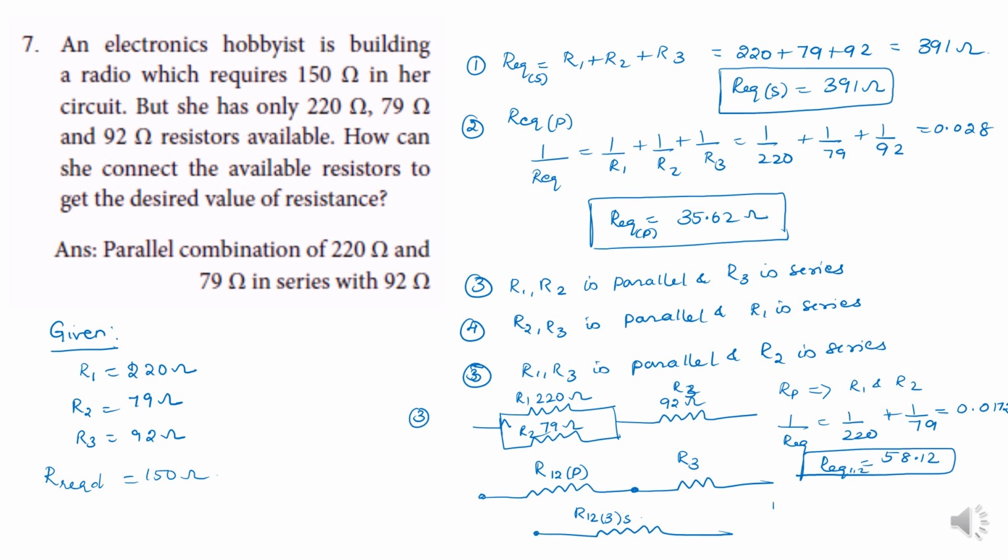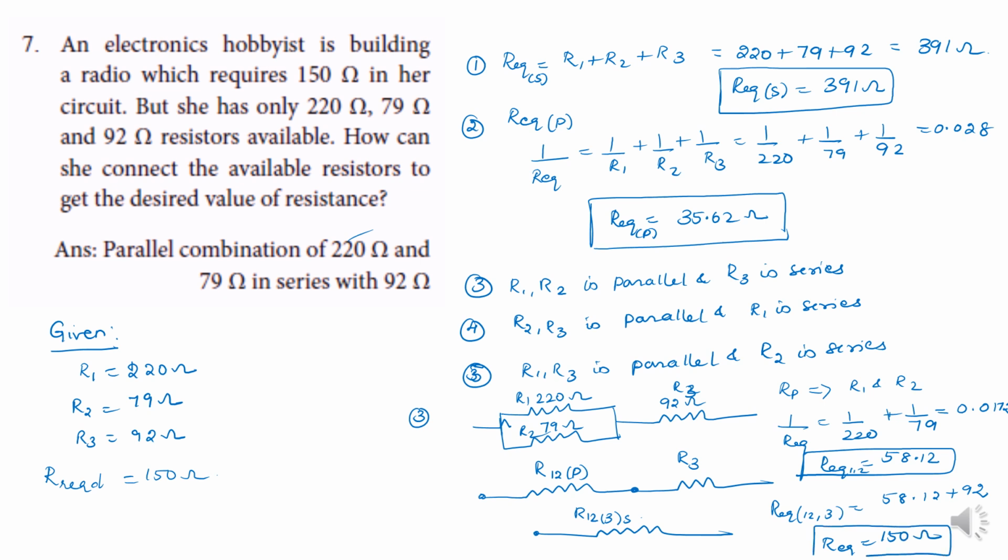Then R equivalent of 1, 2 and 3 is equal to 58.12 plus 92. Okay, these two are series, no? So directly we can add these two. So it comes around 150. R equivalent is equal to 150 ohm.